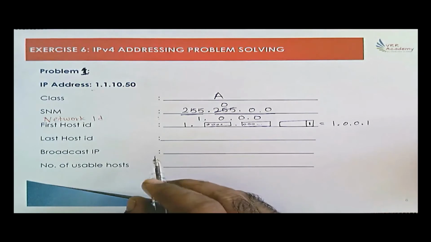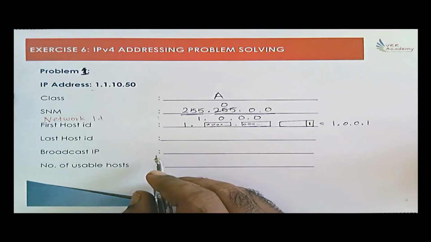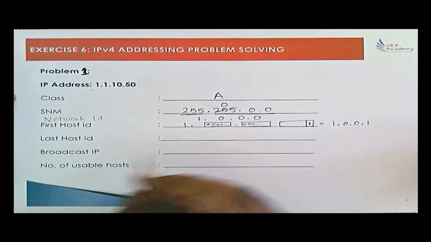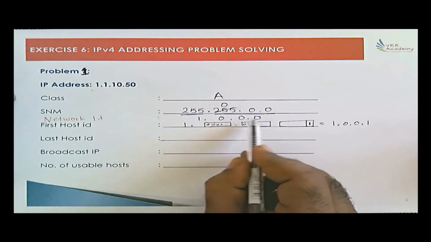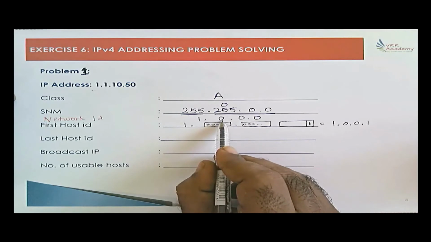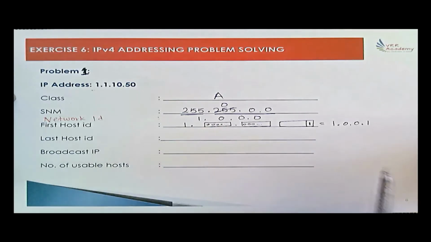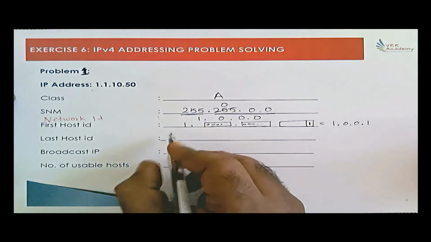Then the last host ID. How to find the last host ID? It is the same thing: you make all the host bits 1 except the last bit, which is 0.